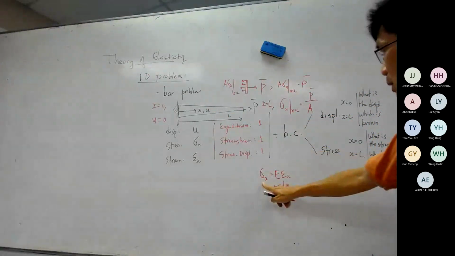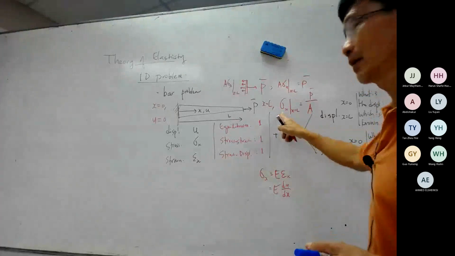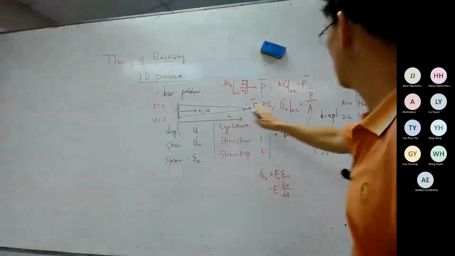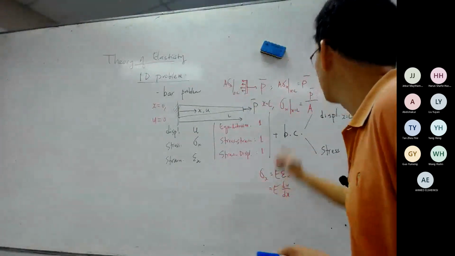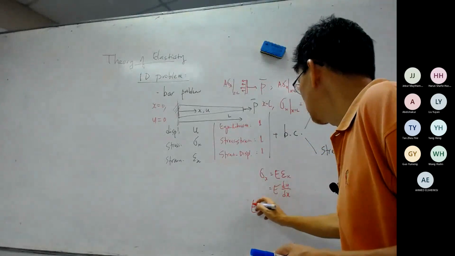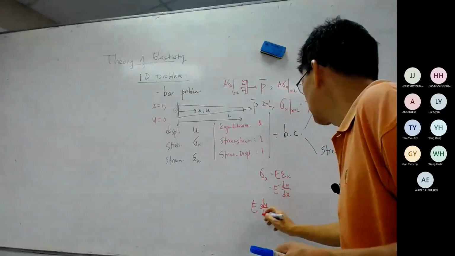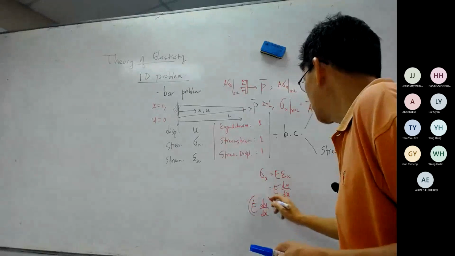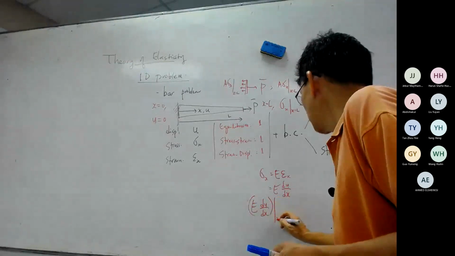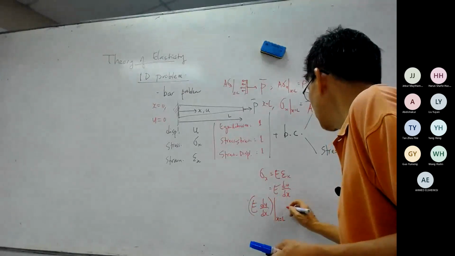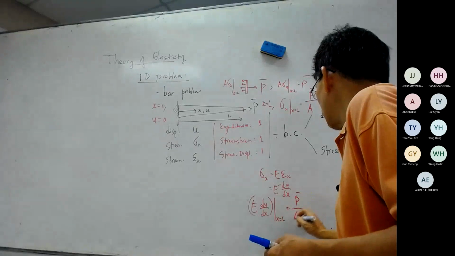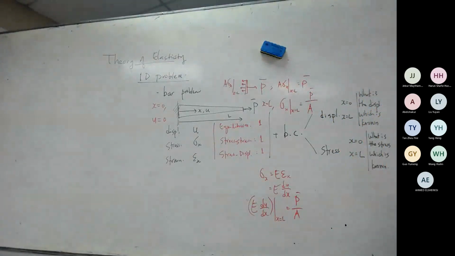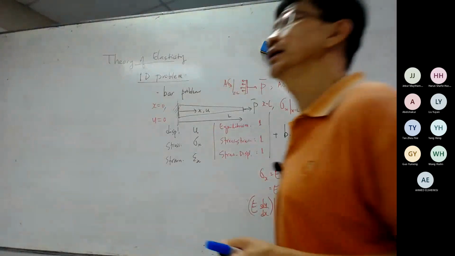If we substitute here, assuming E is constant, we will have E du dx, and this must be the value at x equal to L, equal to this over A.